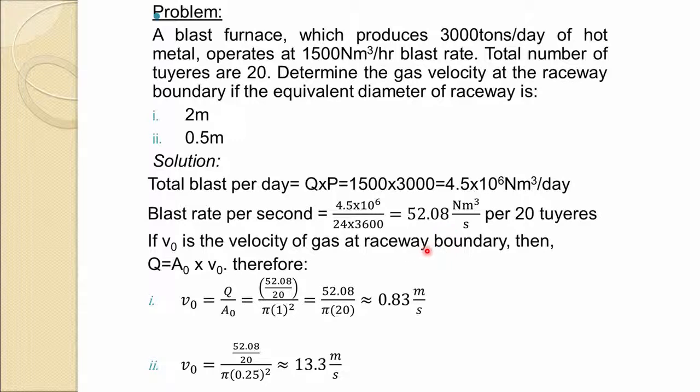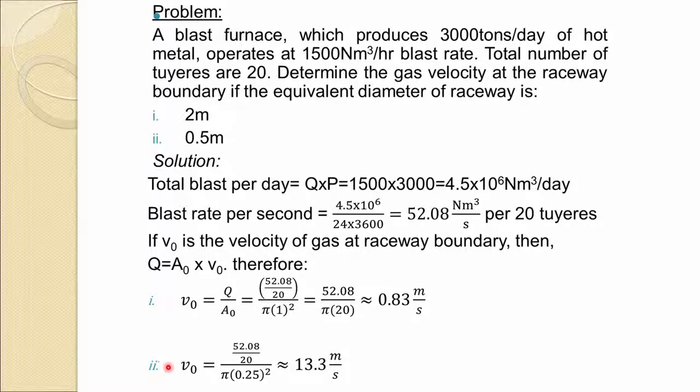There would be 20 raceways, so naturally we are talking about one tuyere, so this has to be divided by 20, which we have done here. That would be the volumetric flow rate from one tuyere, divided by the area of the raceway. In the first case it is 2 meter given, so pi r square. That gives you the velocity coming out from the raceway boundary as 0.83 meter per second.